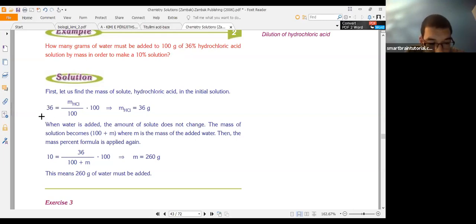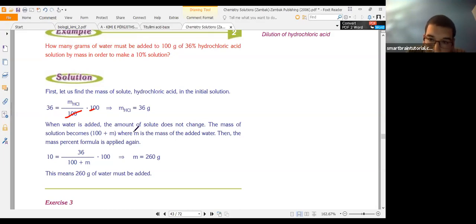So look, the percentage concentration is 36. We will first find the mass of solute. Solute here is hydrochloric acid. So 36 times 100 over 100 will be 36, because this is simplified with this one. Mass of hydrochloric acid is 36.